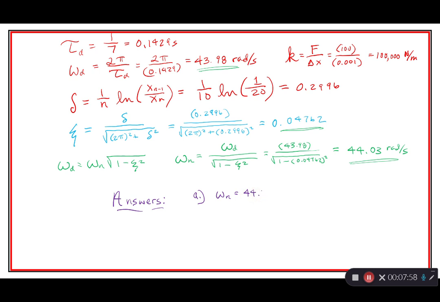And because there's such a small difference between these two, I'm not going to round off to 3 sig figs, because otherwise they would both be 44. I want to have some amount of observed difference, so I'm going to put those as 4 sig figs in my answer. I did the other one too. And so here are the answers.